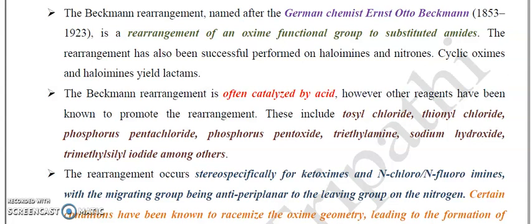Various acids have been employed to perform this Beckmann rearrangement reaction, and among these sulfuric acid, H2SO4, is the most commonly used in the laboratory. But apart from sulfuric acid, tosyl chloride, thionyl chloride, phosphorus pentachloride, and others have also been used.